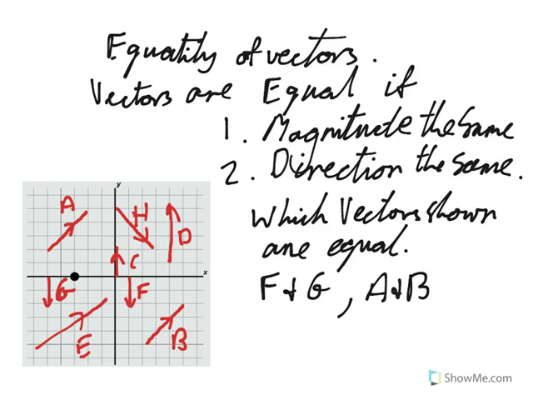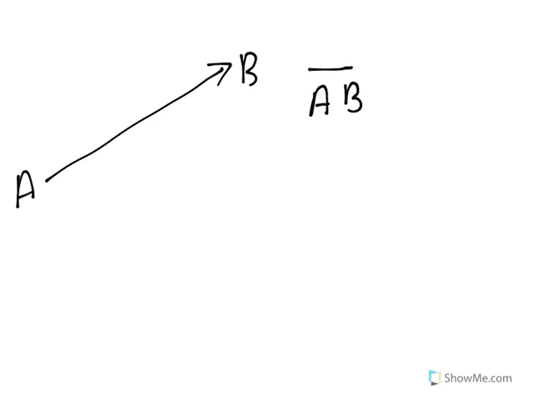Now, what I haven't said, that I should have said, is that there's a number of different ways we can represent a vector. When we're writing it down, we can write it AB like that, as in the diagram. We would write that as AB with the arrow across the top.